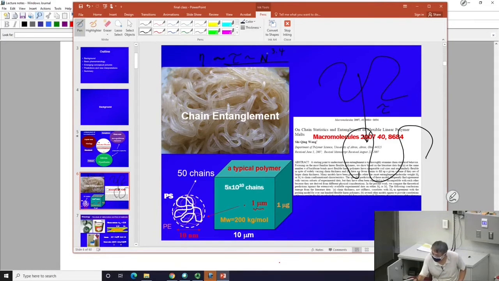It also changes with molecular weight very strongly, to the 3.4 power, when the chain length is long enough. In other words, when the chain is sufficiently long, this behavior is obeyed.